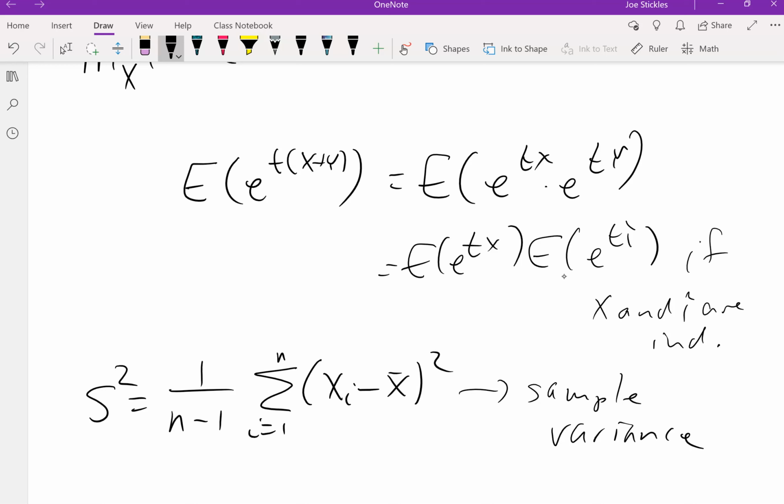Okay? It also makes things work as far as actually trying to estimate what the variance is for the population. We're going to talk about the idea of estimators in the next chapter, but the whole point is, if you're using the sample to calculate a guess, an estimate, for what the population parameter is, you would like its expected value, if you do this over and over and over again, to be the same as what the parameter should be.